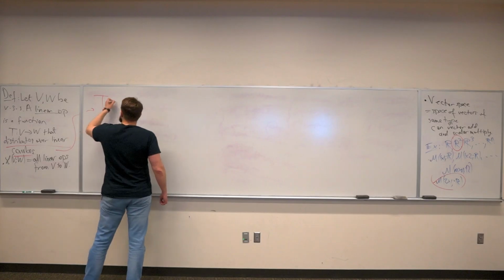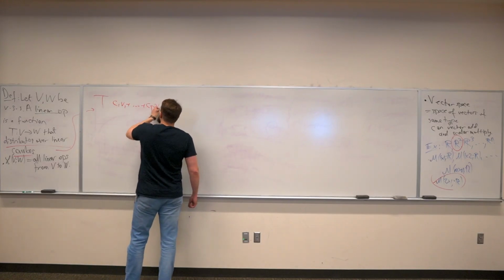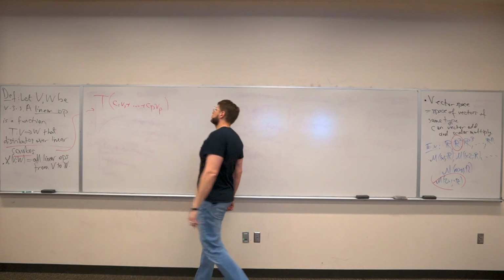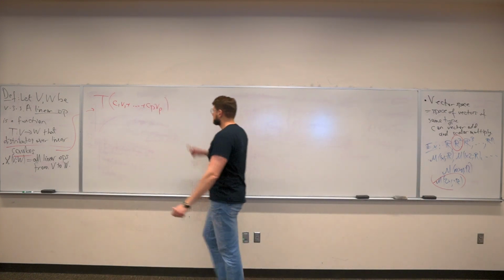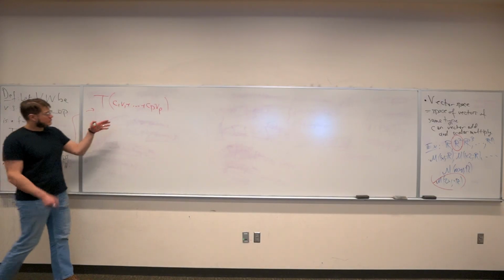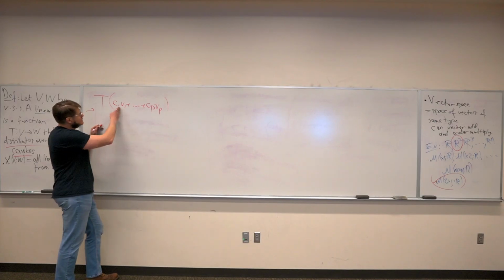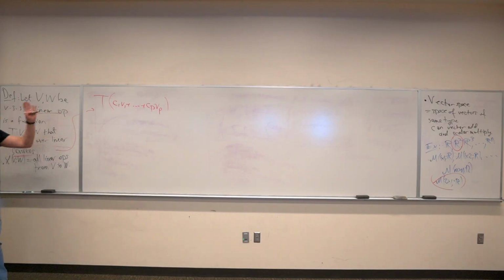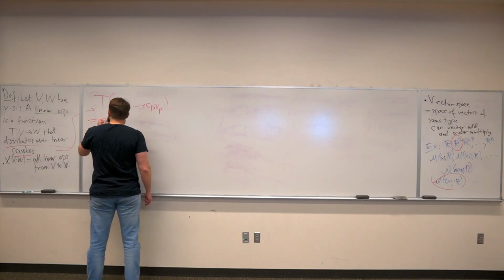So T of c1 v1 plus ... plus cp vp. Right? I take a linear combo in V, and I apply T to this linear combo. I want to distribute. And what should I be able to do? I should be able to distribute over vector addition, and I should be able to change the order of scalar multiplication so that this turns into this.